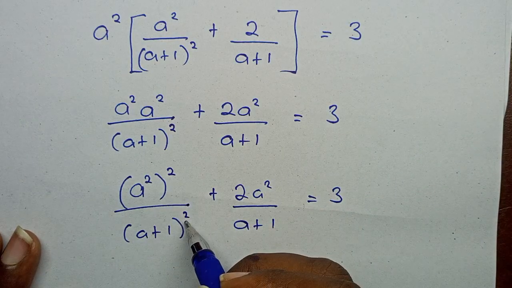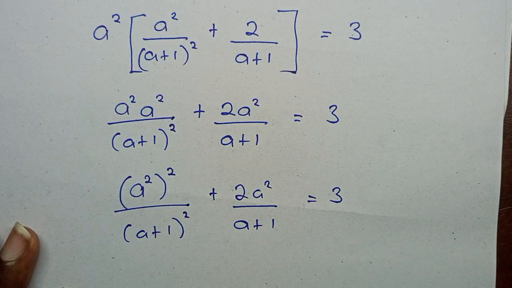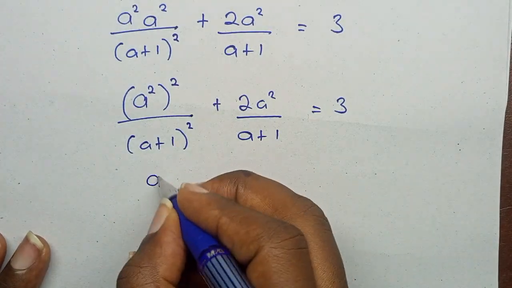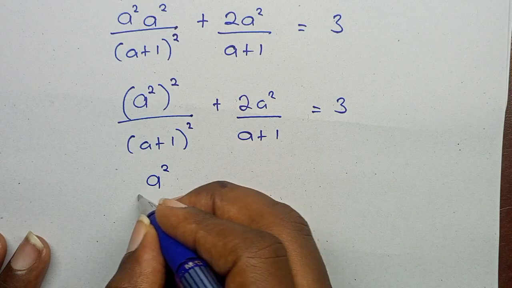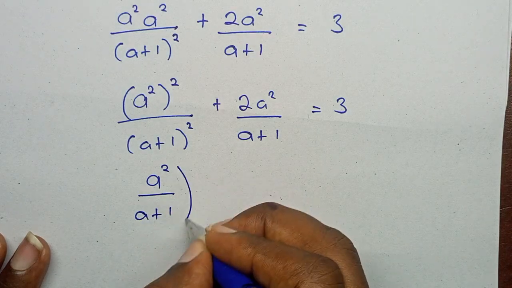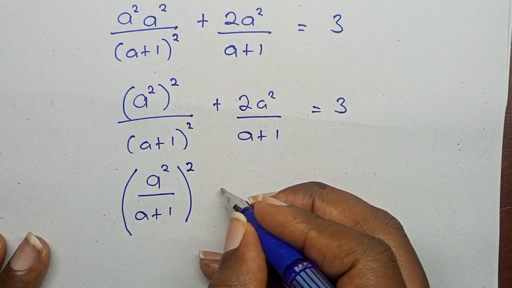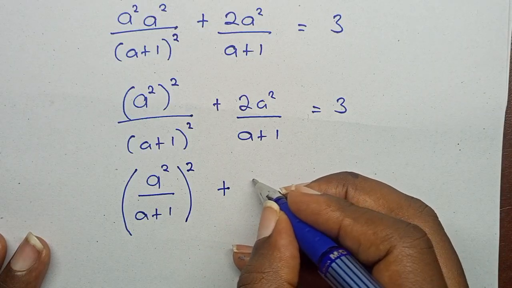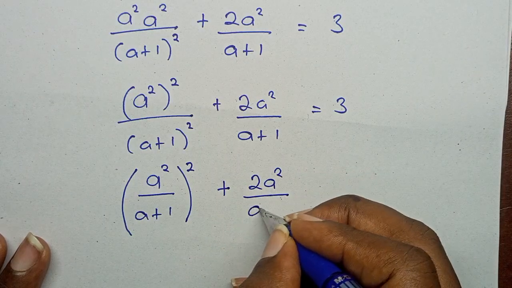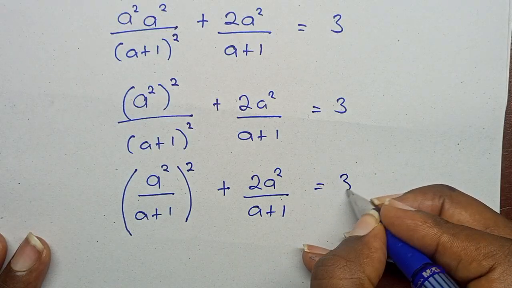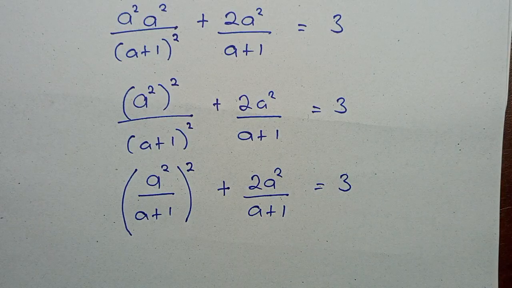Since it's squared here and it's squared here, we can put the square outside. We can say a squared over a plus 1, all this squared, plus 2a squared over a plus 1 is equal to 3.